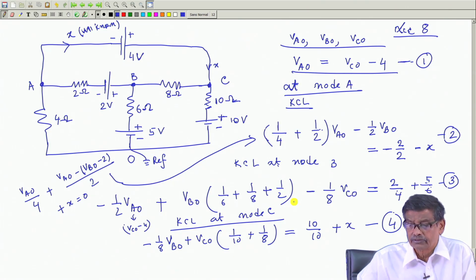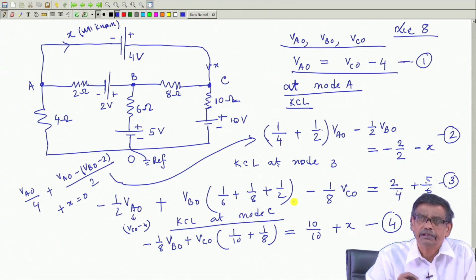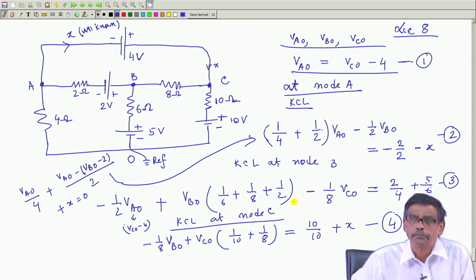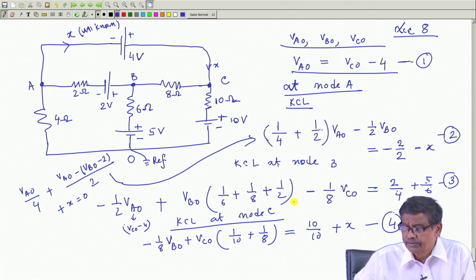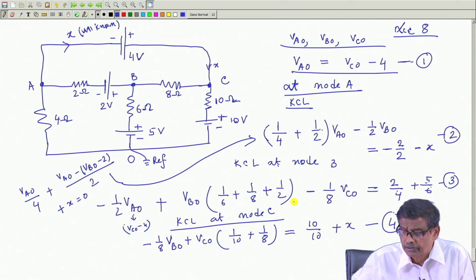See, network solving, I feel, is sort of an art. Which method you choose will vary from person to person, but always try to adopt a method where you have to labor less to get the solution for the given network. So, when you are given a network, do not just jump to solving it by the nodal method.